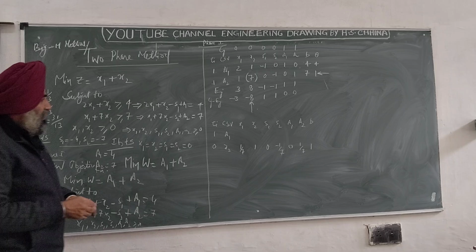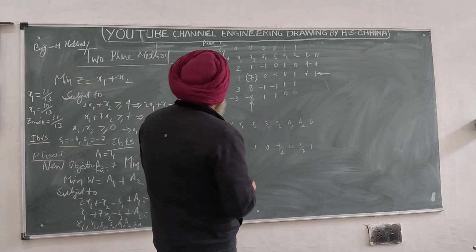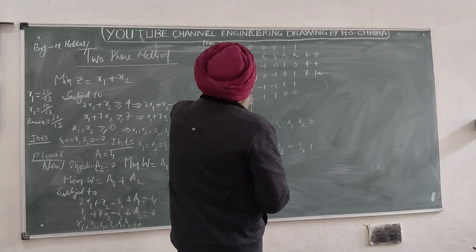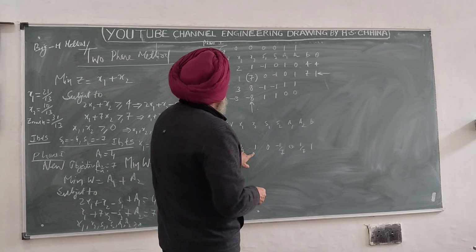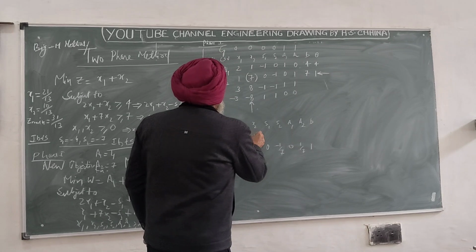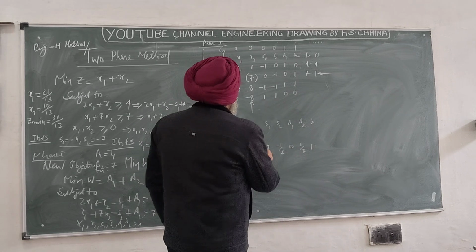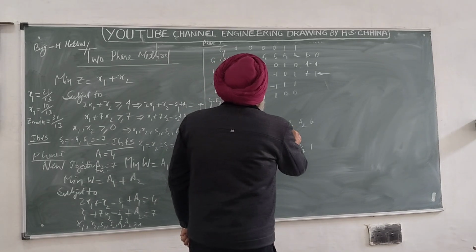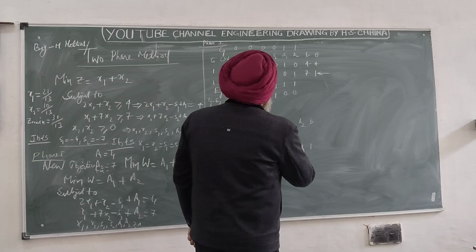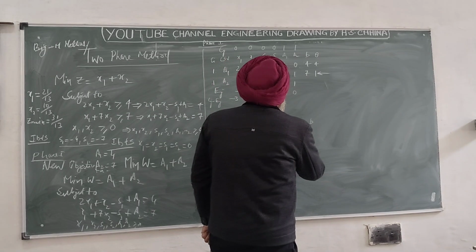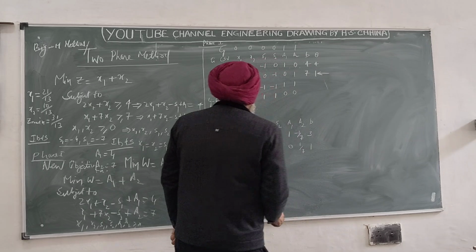Now we have made it 1. Already there is a 1, so subtract: 1 minus 1, 0, 2 minus 1 by 7, this is 13 by 7. Clear? This is 1 minus 1, 0, this is minus 1, this is 1 by 7, this is A1, 1, 0, 1 minus 0 is 1, this is minus 1 by 7, 4 minus 1, this is 3.